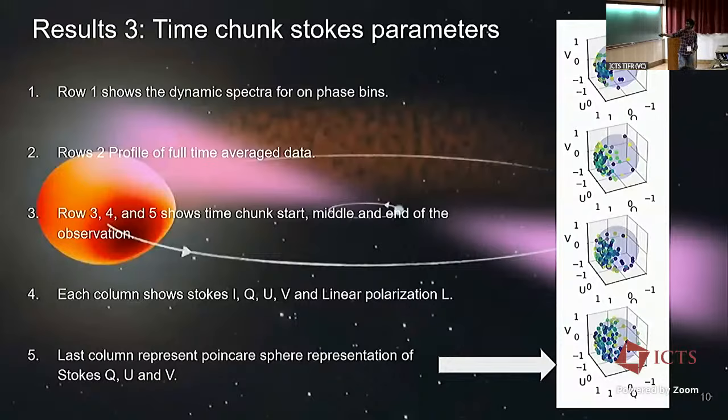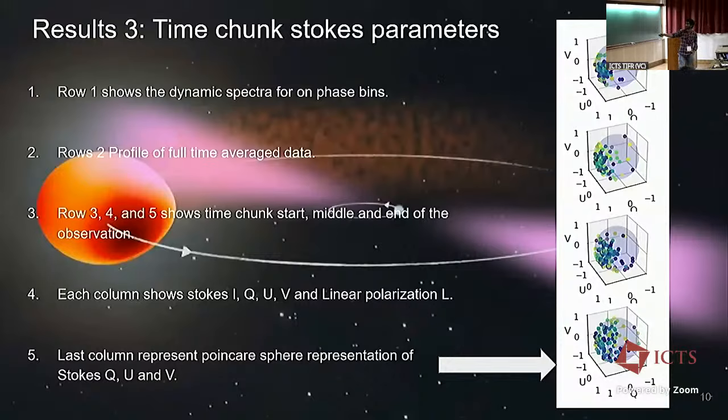We have two observations separated by a few years where we see a similar nature of Stokes U flipping sign at the same orbital phase. That's something observed for the first time.